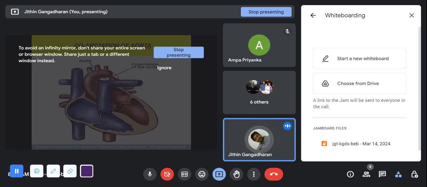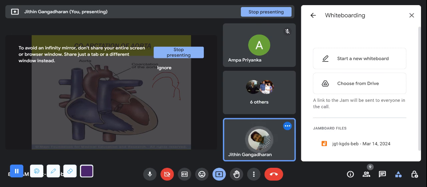Now, coarctation of aorta. I have explained the coarctation of aorta, right? You can see the normal aorta coming here, and there is a kinking. This is coarctation of aorta. So what happens when there is a coarctation? Blood won't pass freely through the aorta towards the body parts.